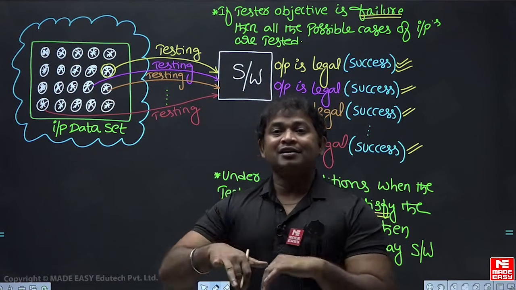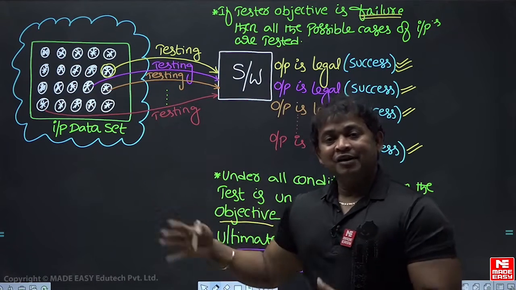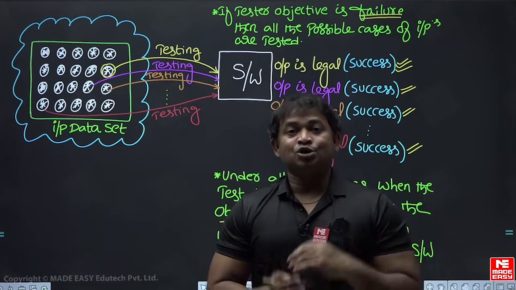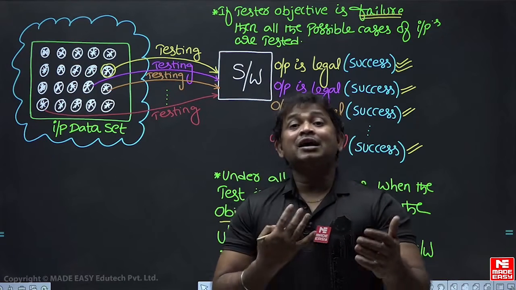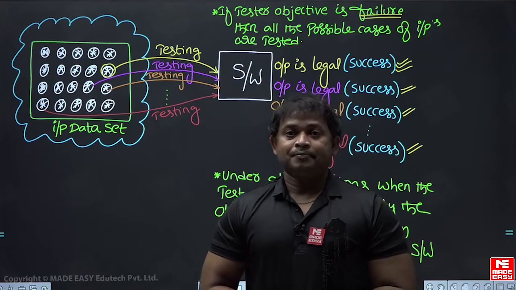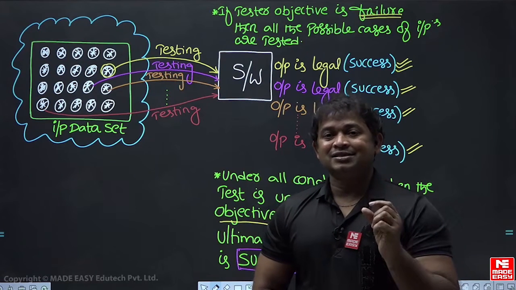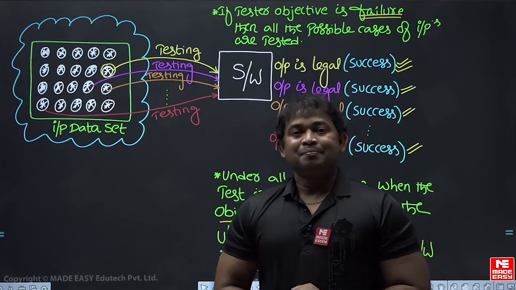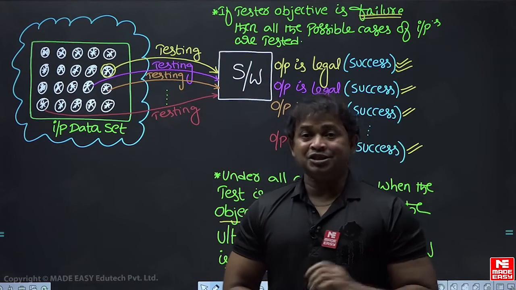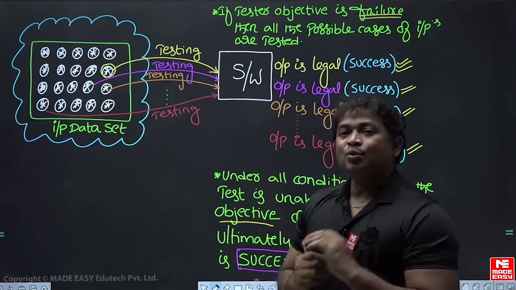So here, the testing we are going to analyze, robustness testing, comes under the category of black box testing. Robustness testing is a black box testing strategy.